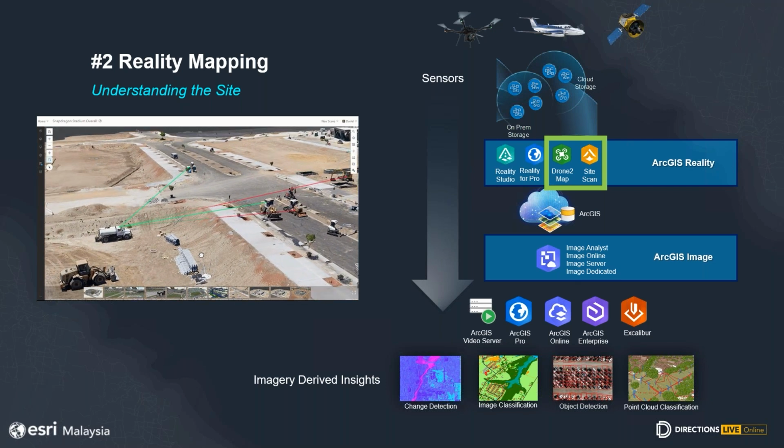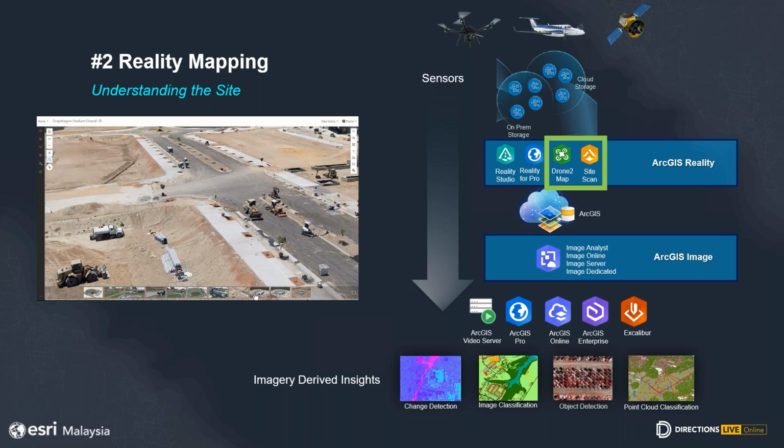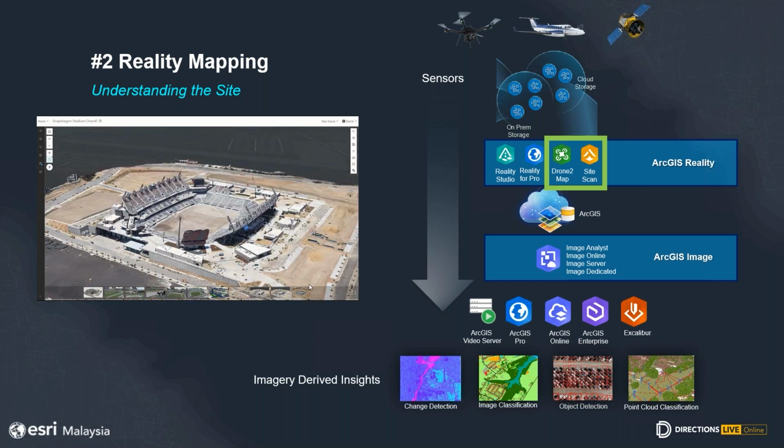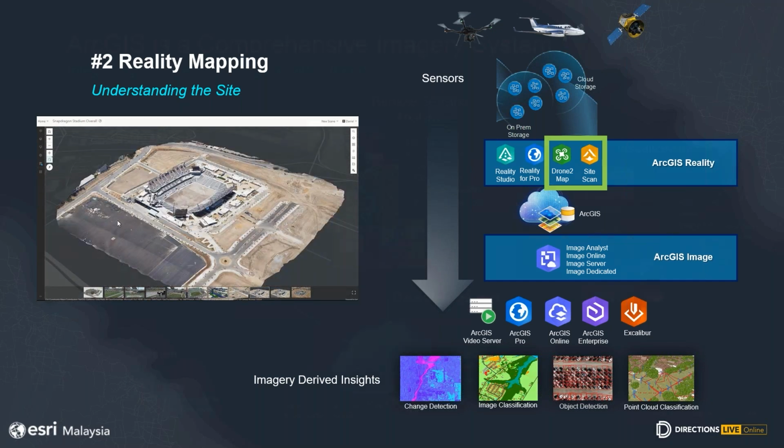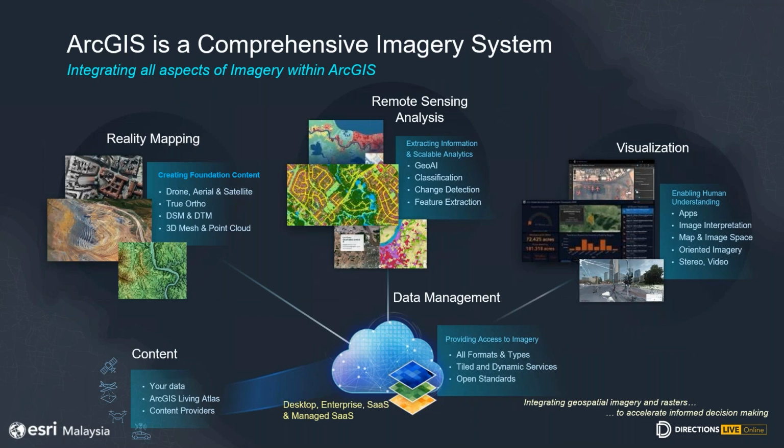It's important to know that reality capture is just one part of the comprehensive imagery solution that we have at Esri. ArcGIS offers a complete set of capabilities for managing and utilizing imagery, with robust data management at its core. With ArcGIS, we can utilize drone, aerial data, and satellite imagery to understand the site condition accurately, and employ data models specifically optimized for various types of imagery.